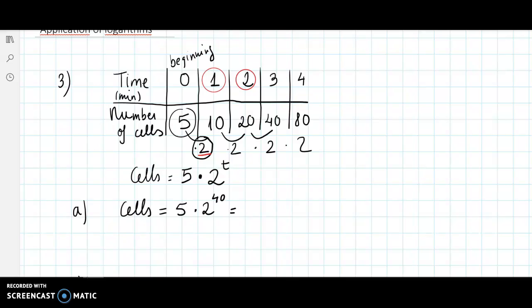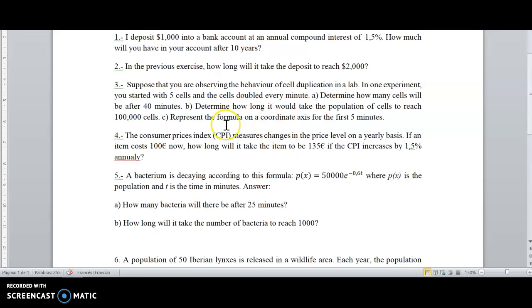So this is a big number of cells because we get 5.498 times 10 to the power of 12 cells. To answer question B, determine how long it would take the population of cells to reach 100,000 cells.